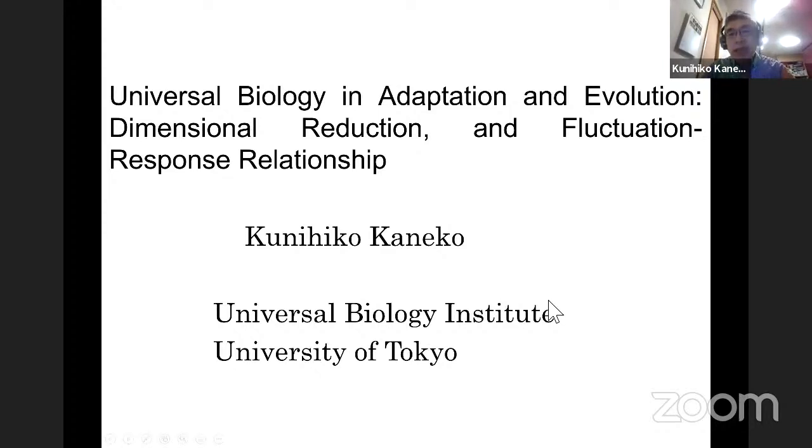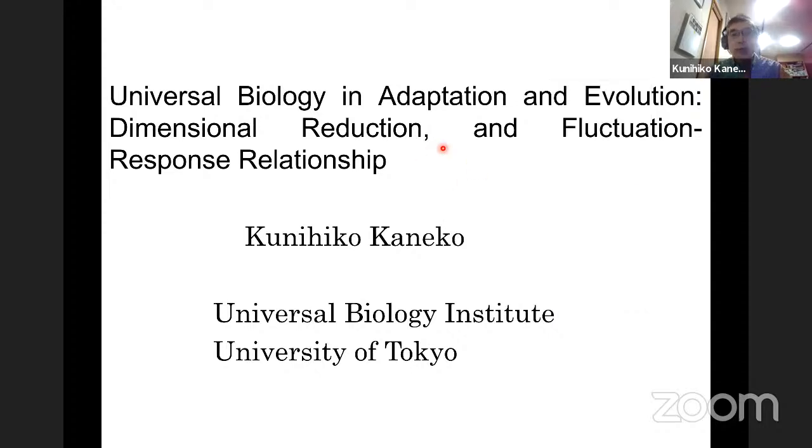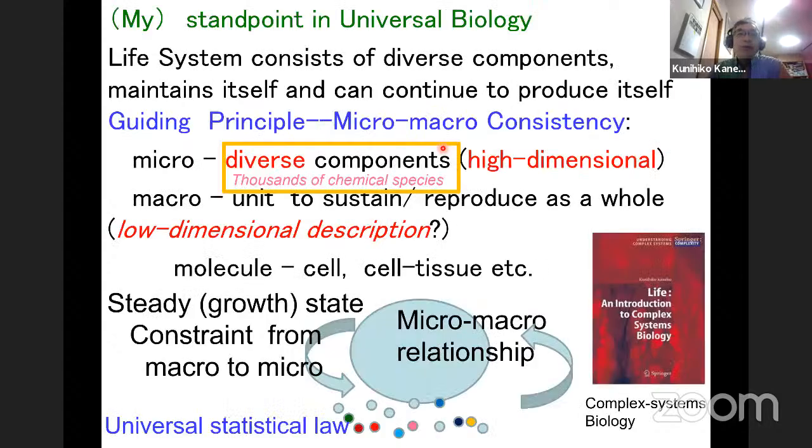Today I talk about this rather unfamiliar topic for most people, I guess: universal biology in adaptation and evolution. Universal biology may be a new word, but my standpoint is as follows.